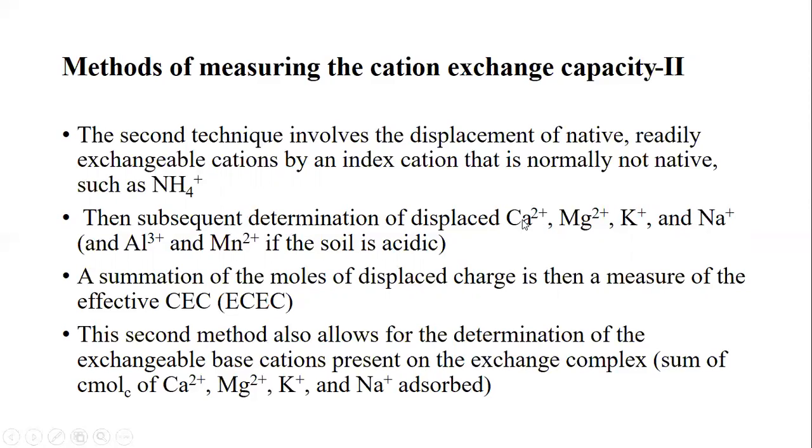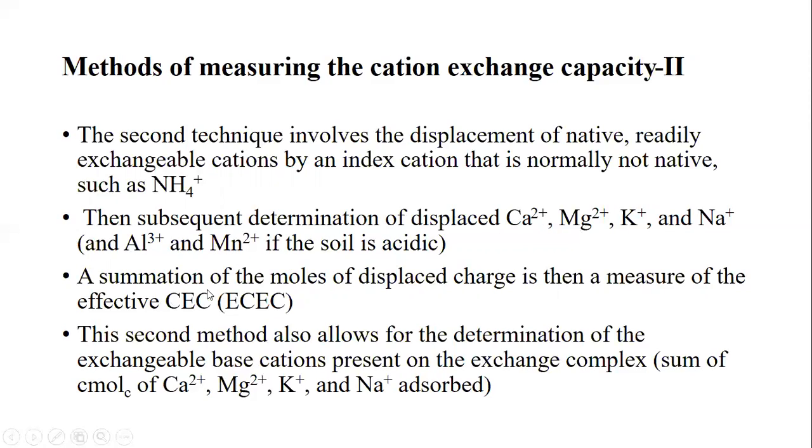And usually we choose the cations that are most probable for that type of soil, for that climate. We should know about the chemistry of the soil in that region so that we decide which ones. In the case of our soils, say in Jordan, temperate regions, mostly they determine calcium, magnesium, potassium, and sodium. If you have acidic soils, you add aluminum and manganese. For our case, we don't do this.